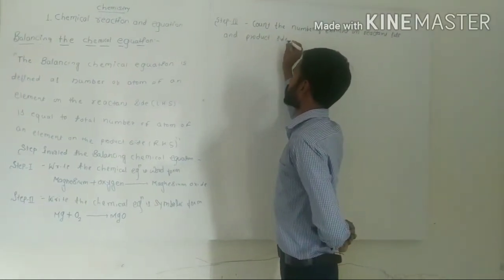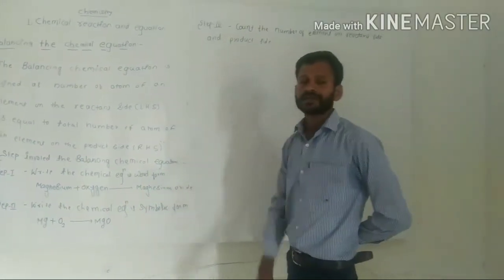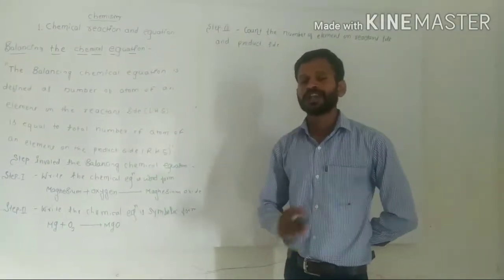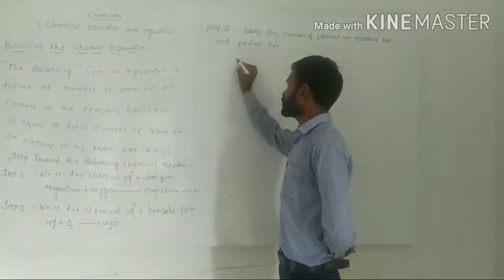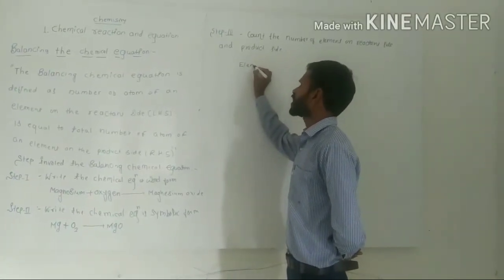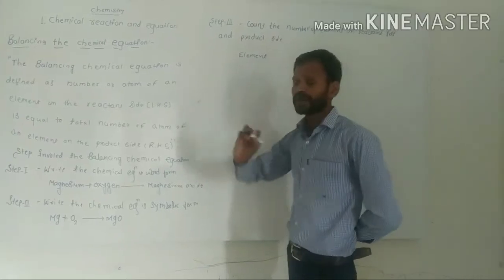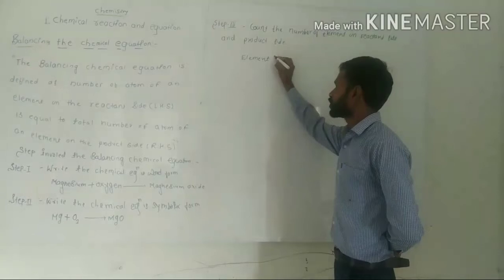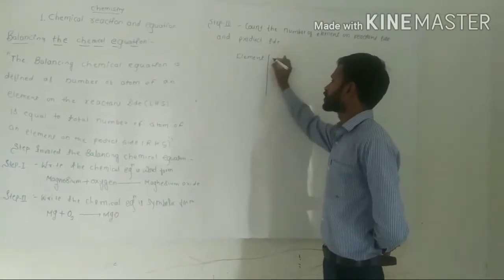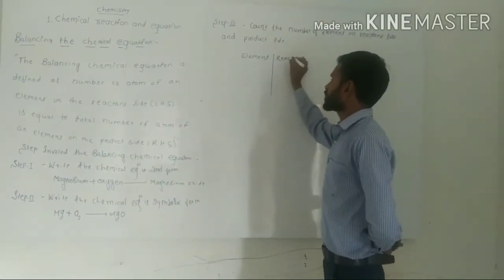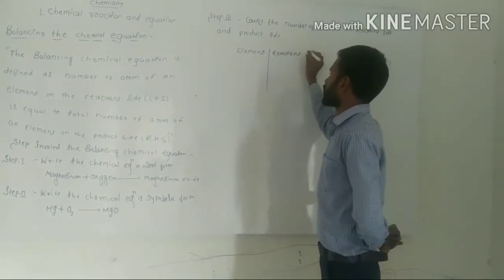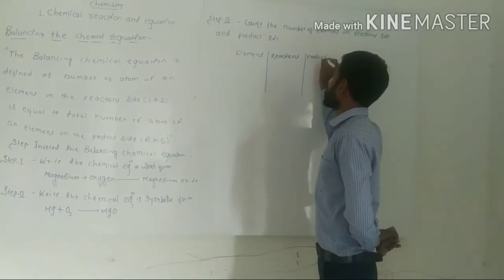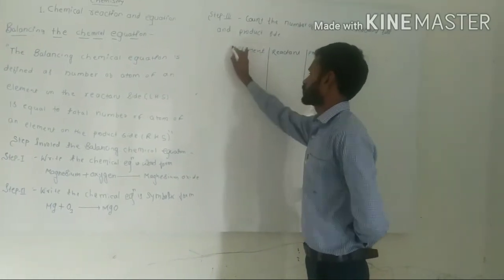So we will simply prepare one box for representing the elements. We simply use the word element, or in some books the word component, present in the reactant side and present in the product side.